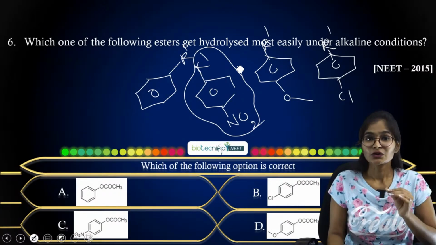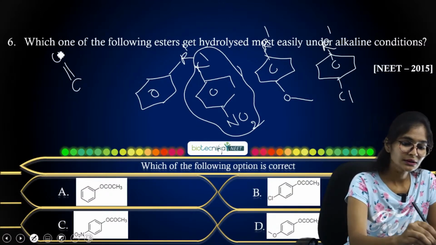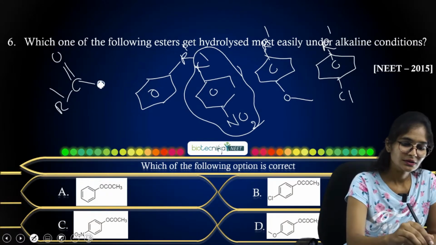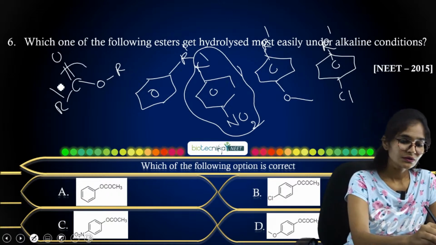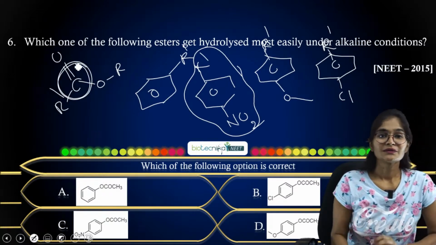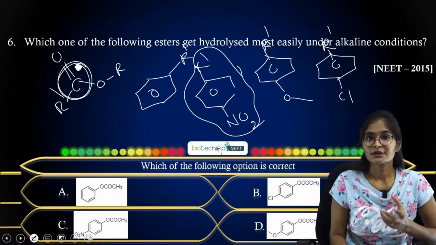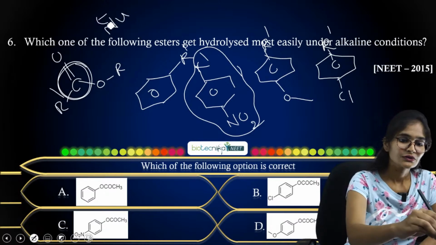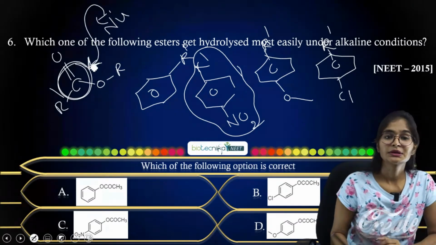That's why the electron deficiency of the carbonyl carbon of the ester increases. In RCOOR dash, the carbonyl carbon becomes more electron deficient by reducing its electron density, so that the nucleophile can come and attack on this electron deficient carbonyl carbon.